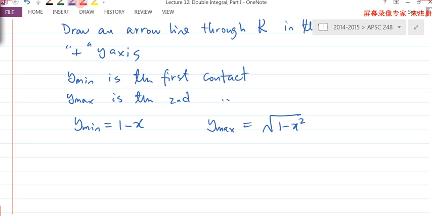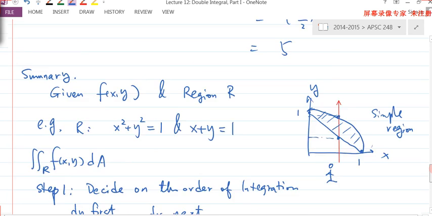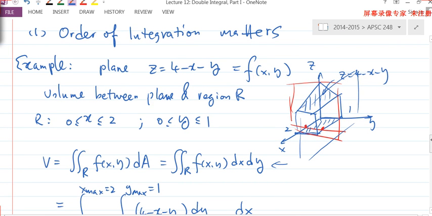Then step number 3 is to find the x limits. To find the x limits, remember what happened in the previous case. I said you sweep that cutting plane from one edge to the other edge.